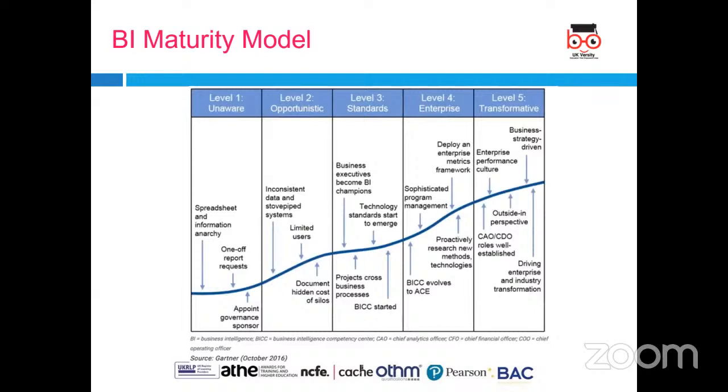So this model analyzes in detail what the levels are that have to be put into place when it comes to BI, business intelligence, where on the lowest level, which is level 1, we are unaware of the data and how it has to be processed, where it comes through spreadsheets and information anarchy.